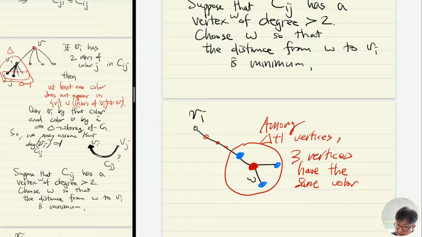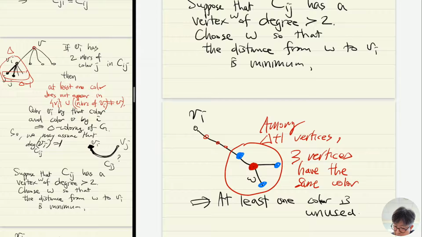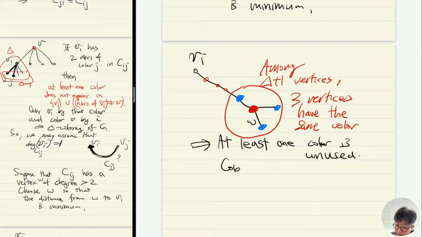If W has color i, then these 3 have color j. So that means at least one color is unused. So color W by that color. So we change the coloring, and W now has a color different from the previous coloring.